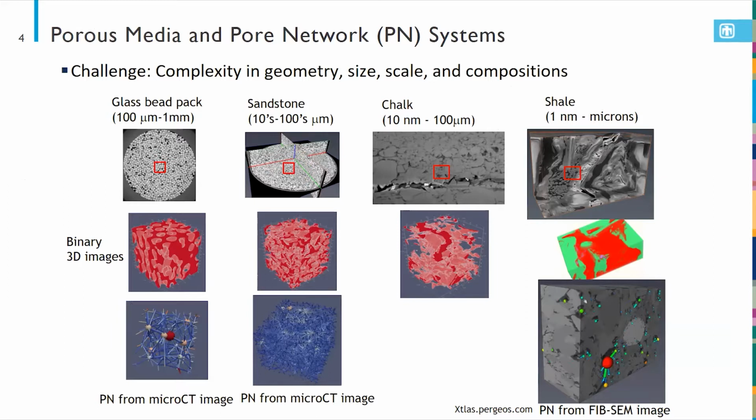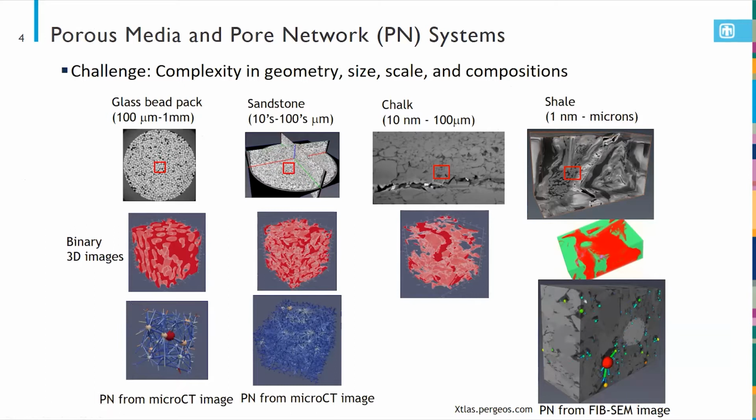Since we are talking about image data of natural materials, I'm going to show a couple of different examples. Here are a very simple glass bead pack, sandstones, carbonate chalk, and shell material.